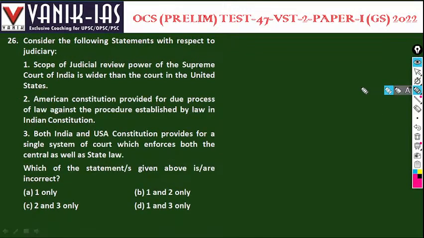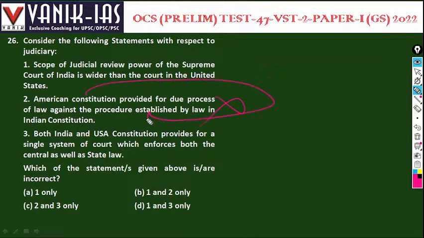Consider the following statements with respect to the judiciary. The scope of judicial review power of the Supreme Court of India is wider than that of the court in the United States. The American Constitution provides for due process of law, as against procedure established by law in the Indian Constitution. No, this second sentence is wrong.